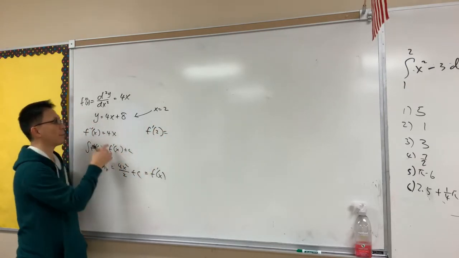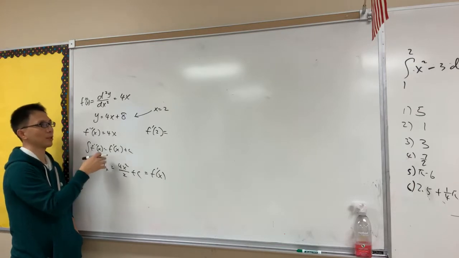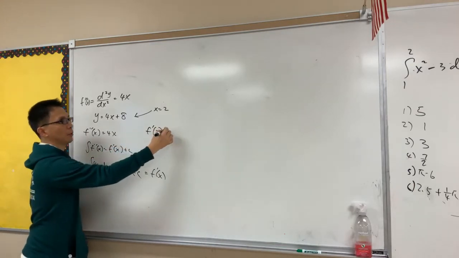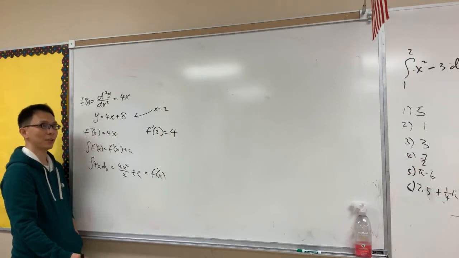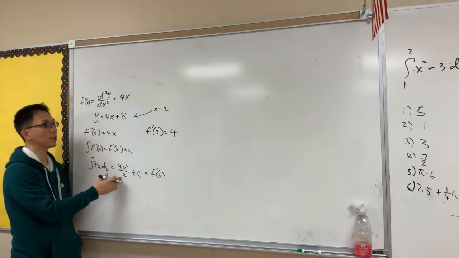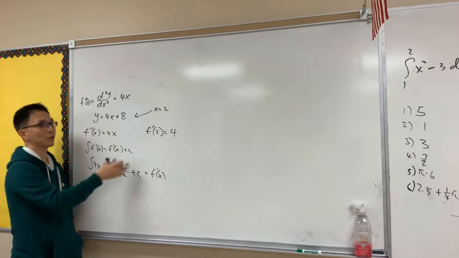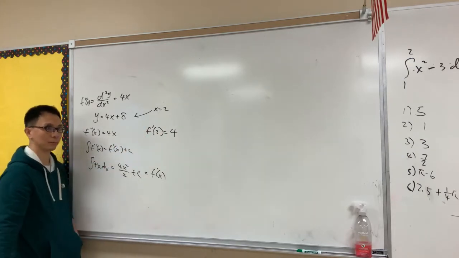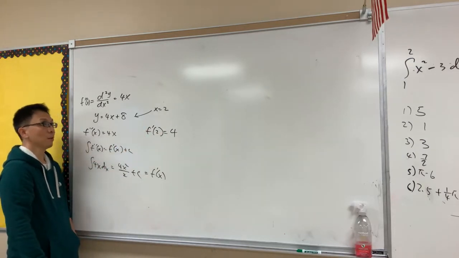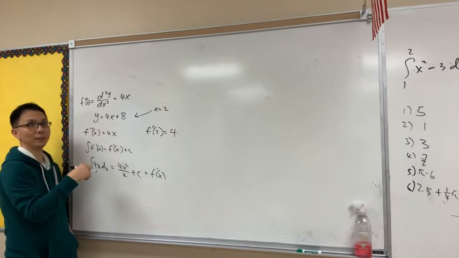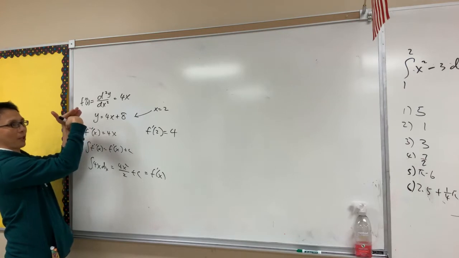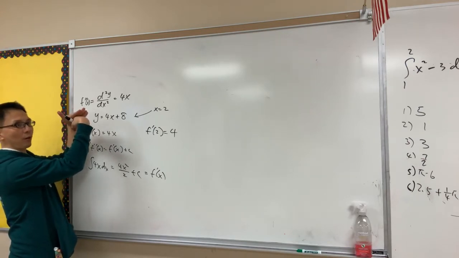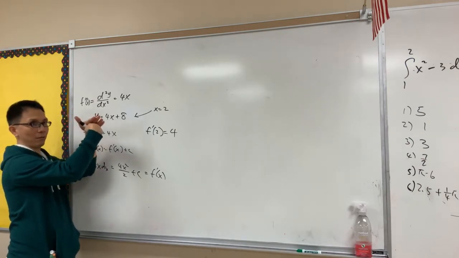So the only thing about this is extracting information. f prime of 2 is equal to the slope, which is 4. If two lines are tangent to each other, they both have the same slope. The equation and this one have the same slope. So therefore f prime of 2 is equal to 4. But also, if something is tangent to another, they have the same slope as well as the same y value.